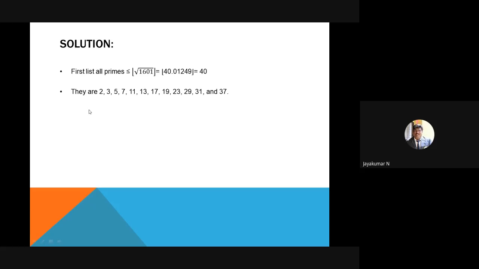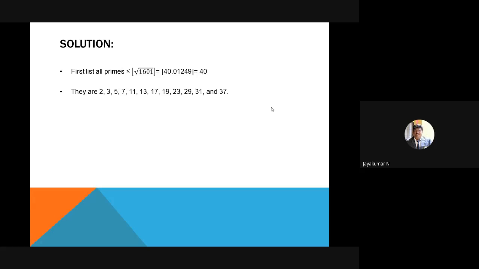Now, whether these prime numbers divide the given number or not. The given number is 1601. If at least one of the primes divides the given number, it becomes composite. If no such prime divides the given number, it becomes a prime number. Please verify yourself.